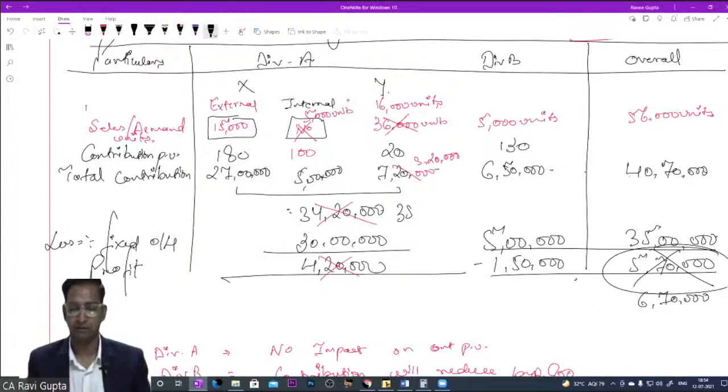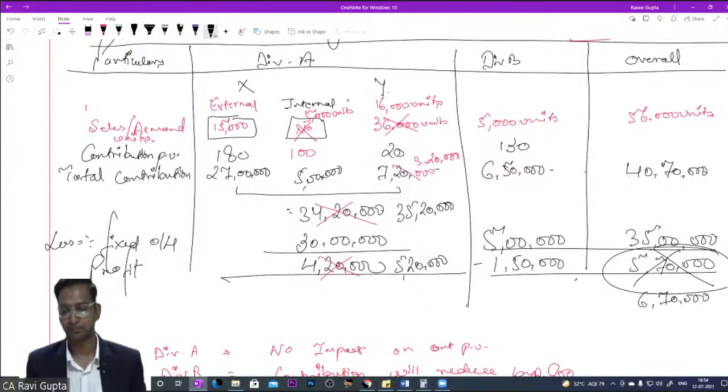Total will be 35,20,000 and 5,20,000 is the total amount of profit. And here we have 1,50,000 as a profit. So 5 lakh and 1 lakh, 6 lakh and 6,70,000, in total it will be the same. Yes, overall will be again 6,70,000 rupees.